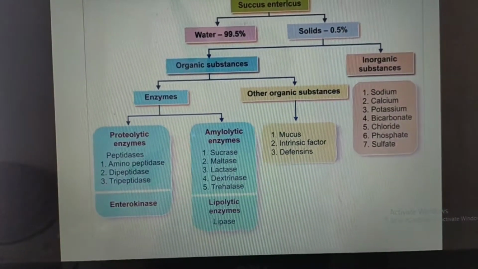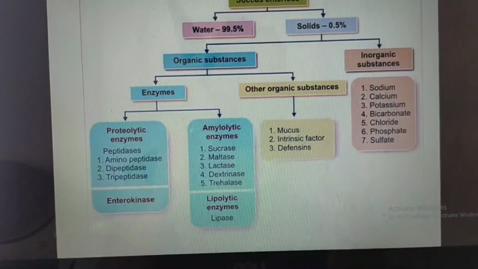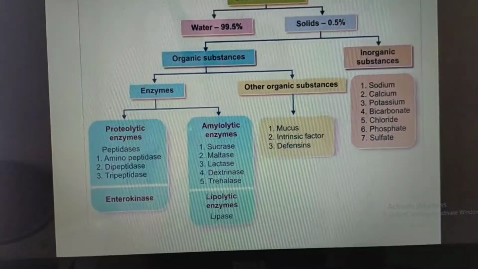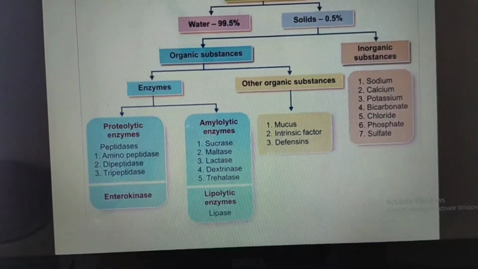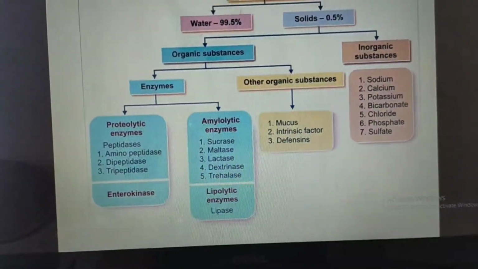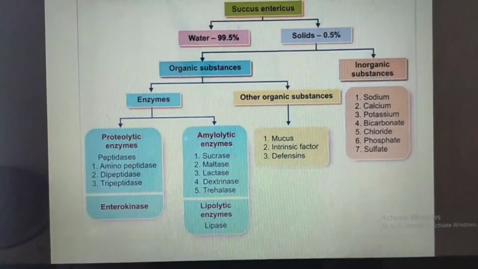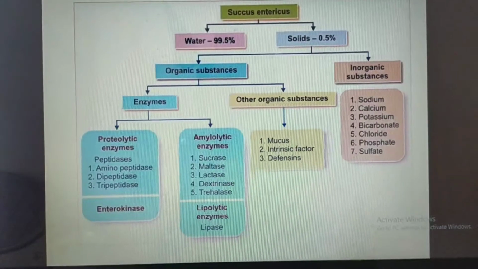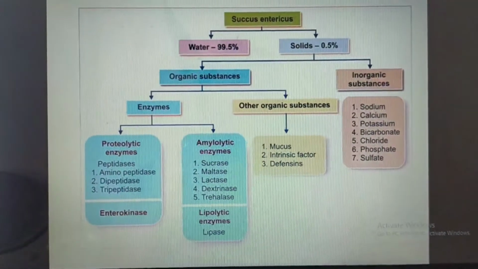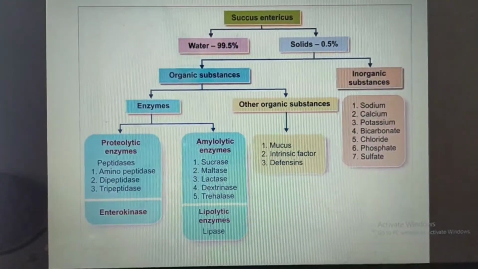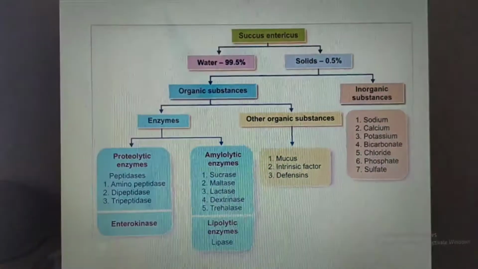Then there are amylolytic enzymes: sucrase, maltase, lactase, dextrinase, and trehalase. And there is a lipolytic enzyme, which is lipase. In other organic substances there are mucus, intrinsic factor, and defensins. In inorganic substances, there are sodium, calcium, potassium, bicarbonate, chloride, phosphate, and sulfate.